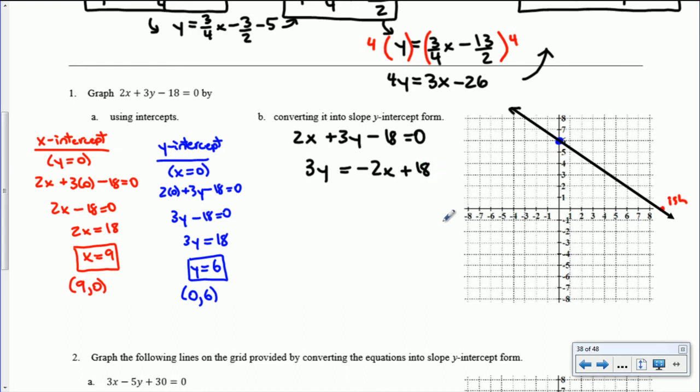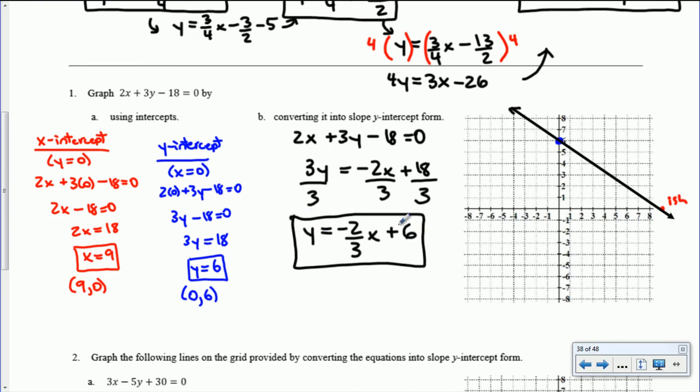So it basically just switches sides and changes signs. And lastly, I need to get rid of this 3, so I need to divide each thing by 3. So we get y equals negative 2/3 x plus 6.